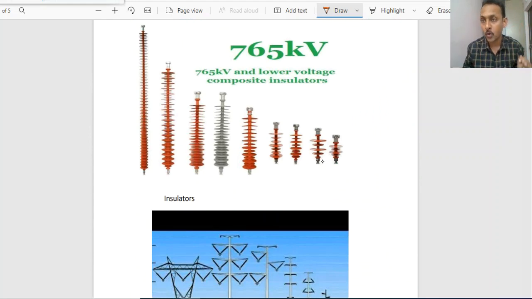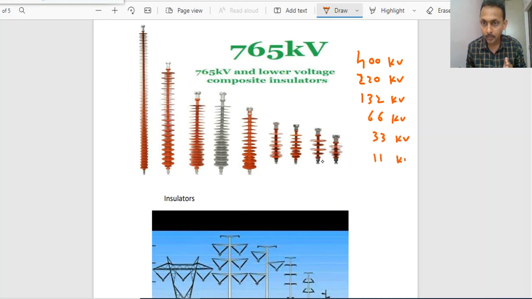Depending upon the voltage ratings, whether it is 400 kV, 220 kV, 132 kV, 66 kV, 33 kV, 11 kV, or 440 volts, the insulators are to be selected based on what they have to withstand.